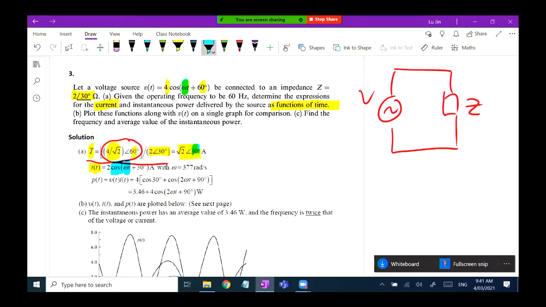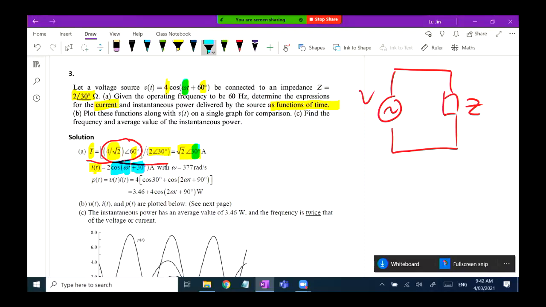Angle, okay, we got 30 degrees as the angle of this current phasor. So this angle will be copied here. So all this stuff is pretty easy. But when you process the amplitude, be careful. Now we are converting the RMS magnitude of the phasor back to time domain.